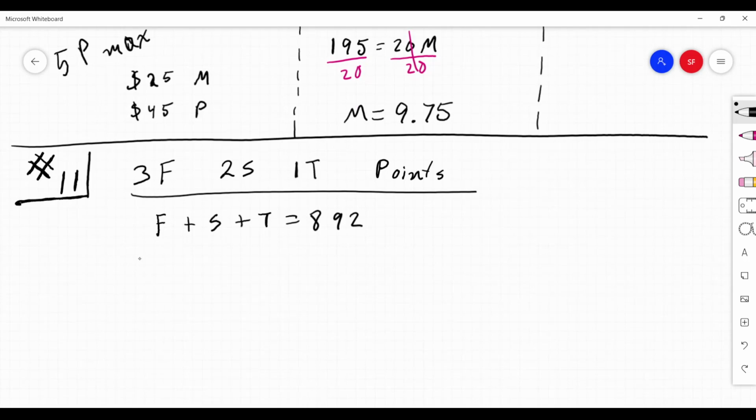So 3 first, those are votes, plus 2 second plus 1 third equals 2,092, right? Yes. Except I wrote that wrong, didn't I? I had a bit of dysgraphia momentarily. 2,029. Okay.